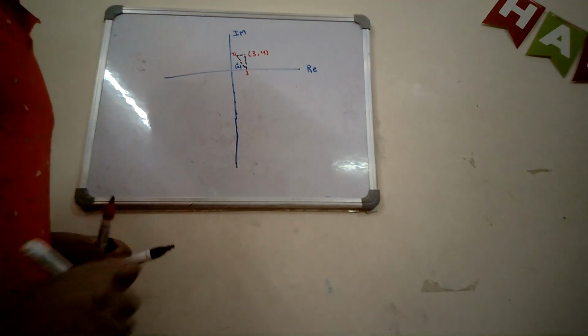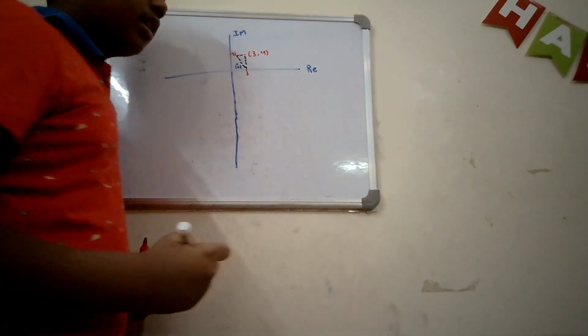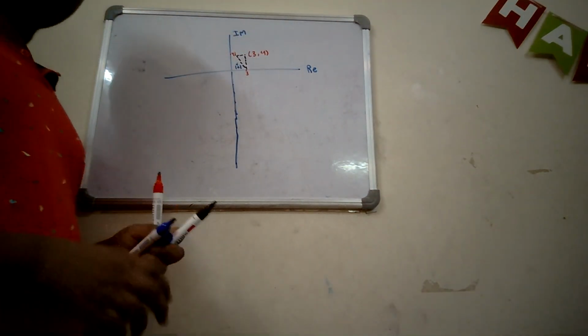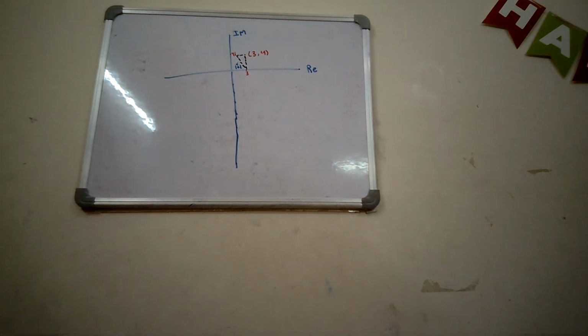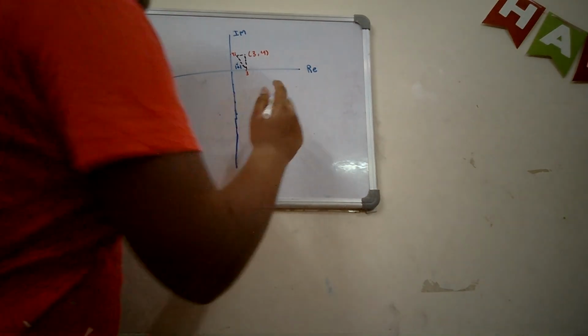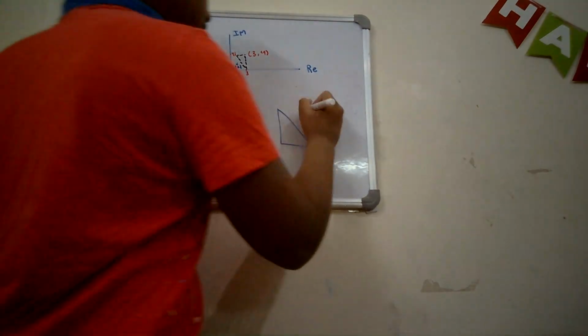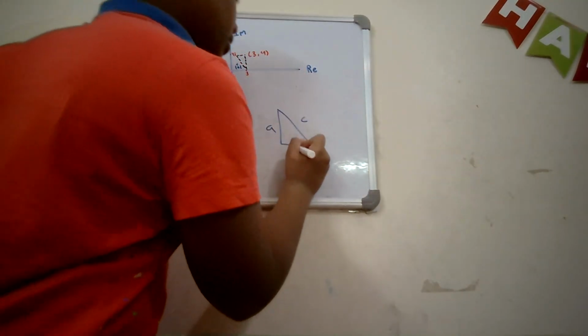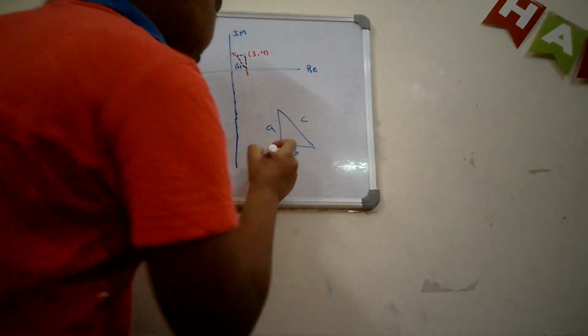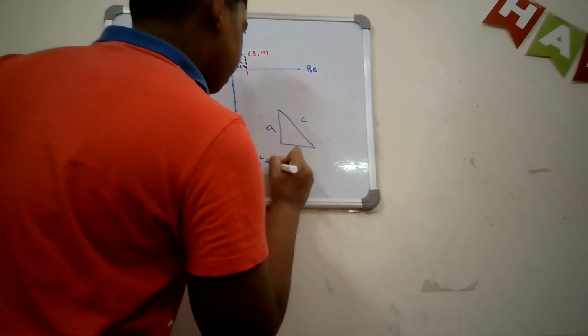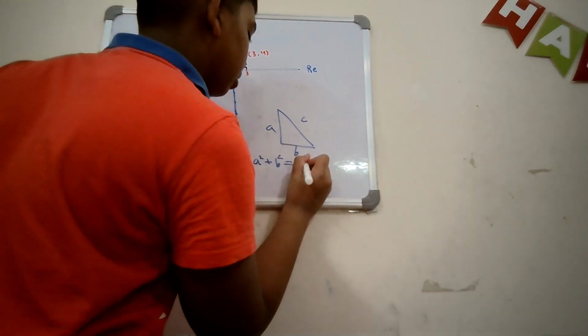The reason is that this is the hypotenuse. Let me show you. When we have a right angle triangle, we have c, and the other legs a and b. The Pythagorean theorem says that a squared plus b squared is equal to c squared.